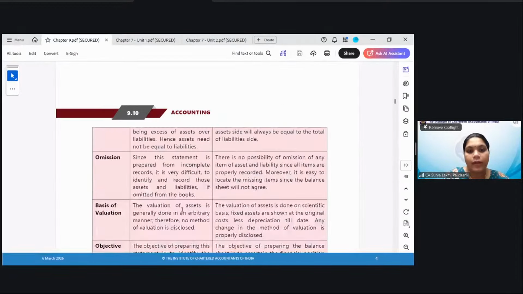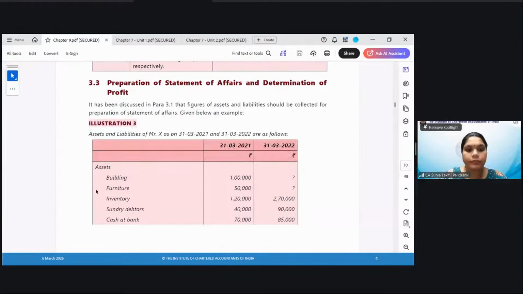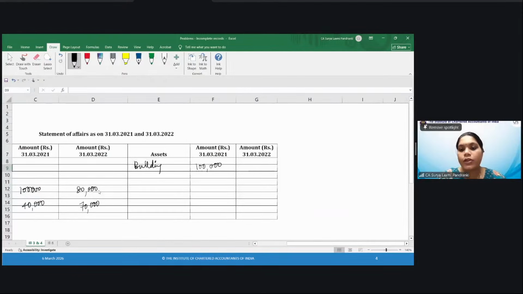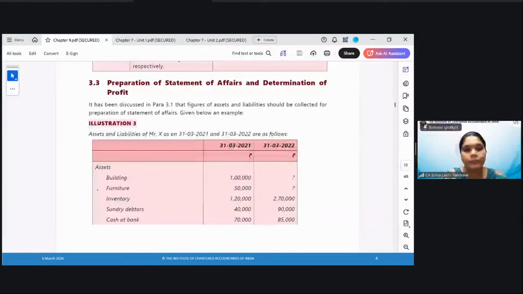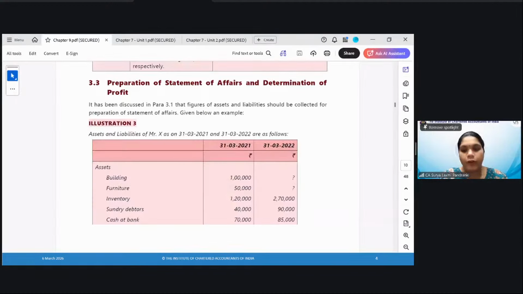Now assets we have building, which is 1 lakh. What will be the value of building as on 31st March 2022? Just calculate. Furniture also.